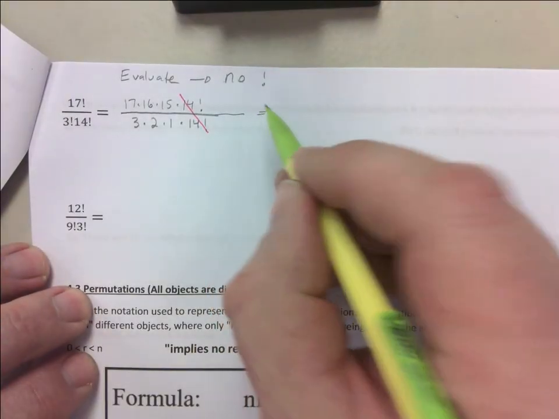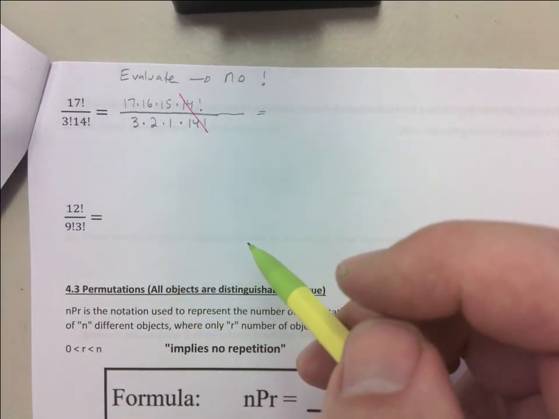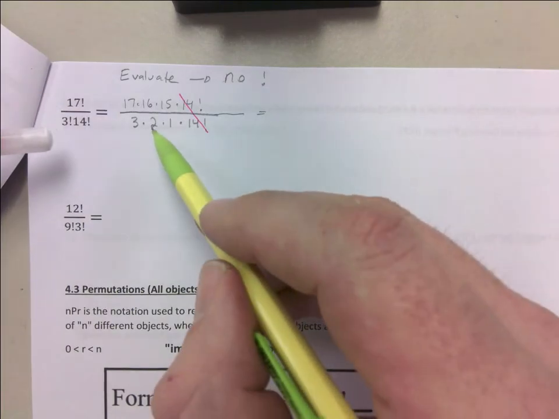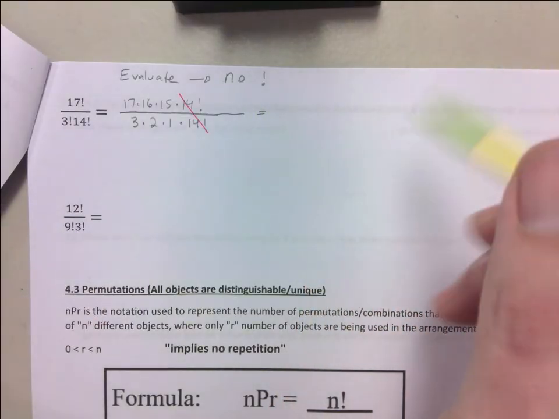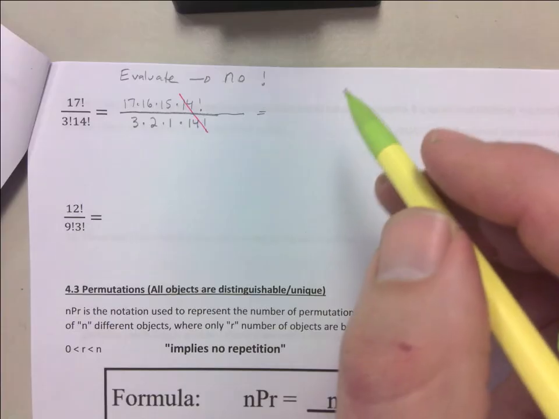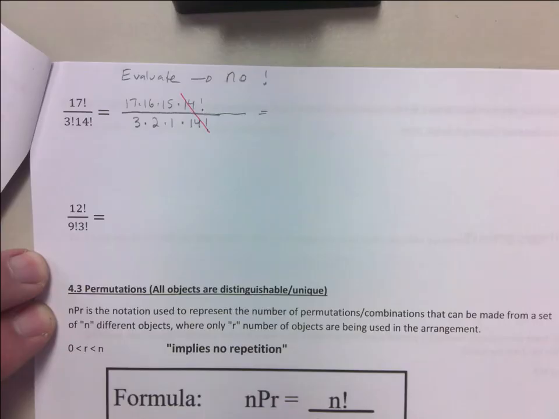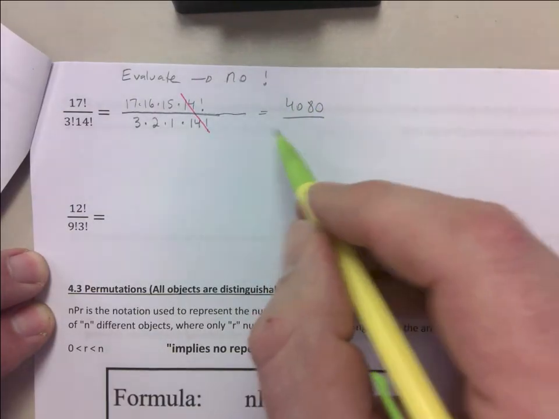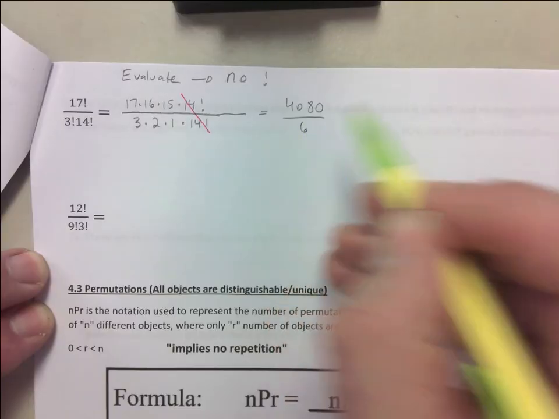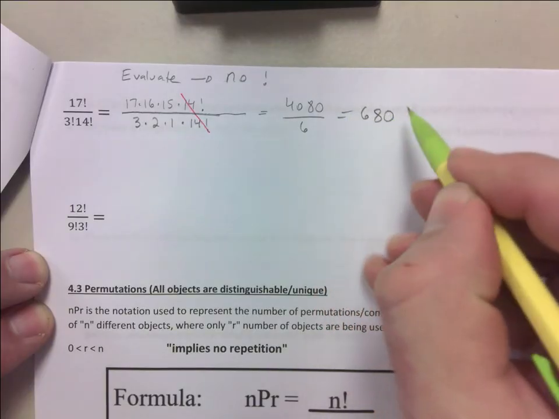And at this point, you just plug that into your calculator if you want. If you like mental math, you can simplify all these numbers. Should I do that? No. I think I'm just going to ask you to figure out the top. That's 4,080, and the bottom is 6. That's 680. That's good enough.